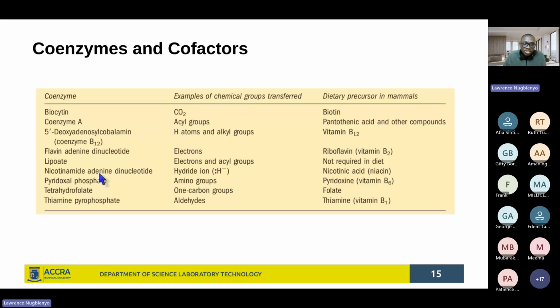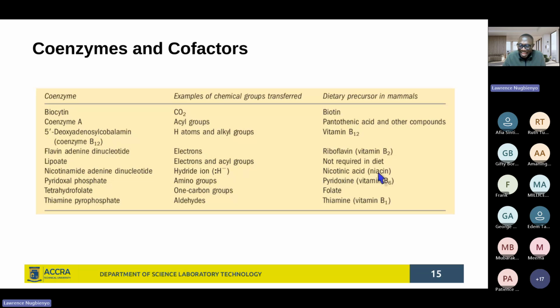You have nicotinamide adenine dinucleotide, what you usually see as NAD. Sometimes you see NAD, NADH, NADPH, these different forms. Also involved in oxidation reduction reactions. They are involved in hydride ion transfer. And it's gotten from where?